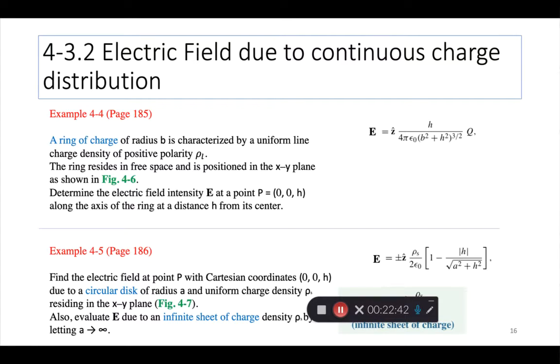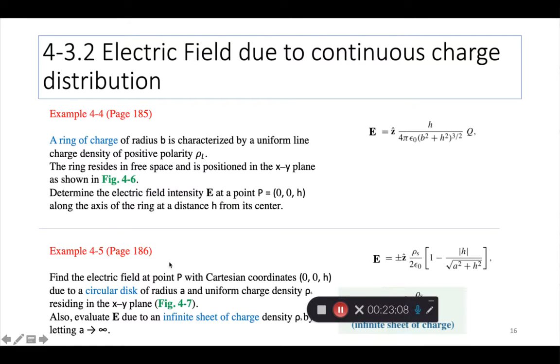So there's a couple of ways that this formula is written. I only showed you one in terms of total charge q, but you can also write that formula just in terms of rho L also, right? So this is one form, but you'll see the other two forms also. So please take a look at that.